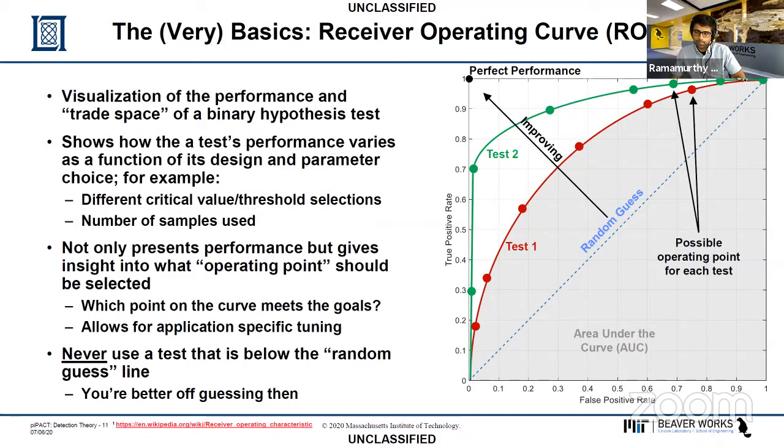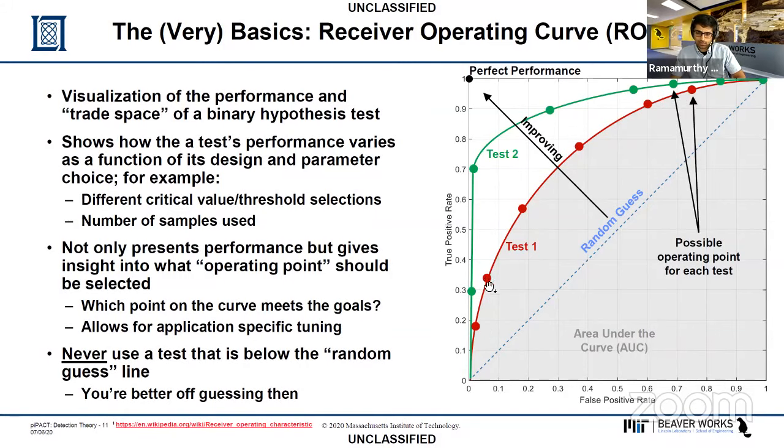Now, based on the nature of your test, you may have parameters to pick, for example the critical value. As I change the critical value, I may get different performance points, and that's what these little dots are. If I chose a certain critical value, I may have a very low false positive rate, but I may be missing a lot of positives, or have a very low true positive rate.